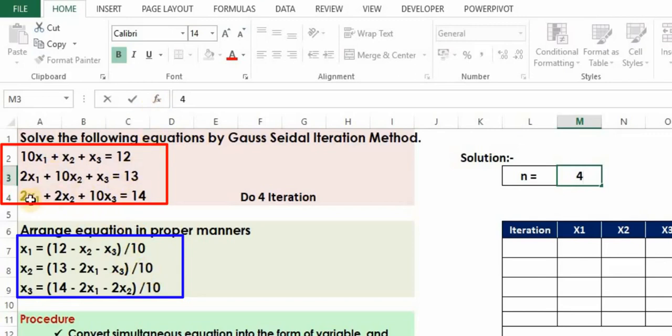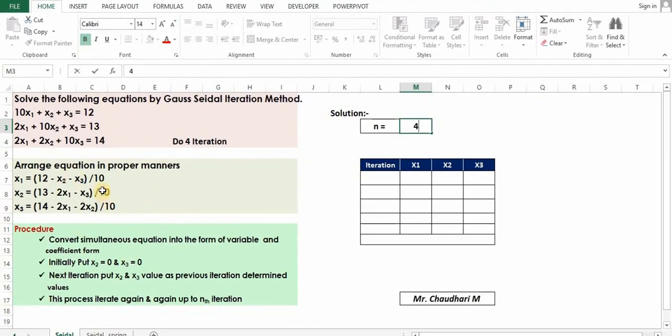Similarly, in the third equation, 2x1 plus 2x2 plus 10x3, we focus on the third coefficient, x3. So x3 is equal to 14 minus 2x1 minus 2x2, divided by 10 for the whole term. Now this is the arrangement of the equations.